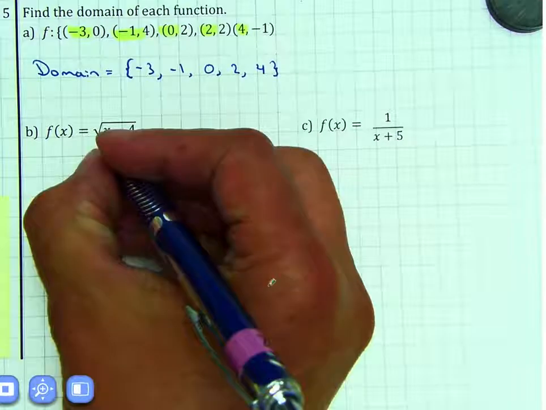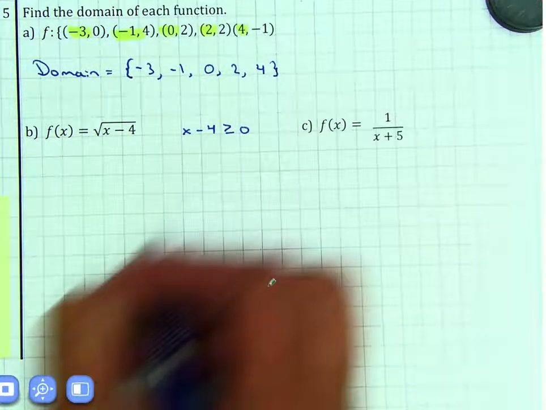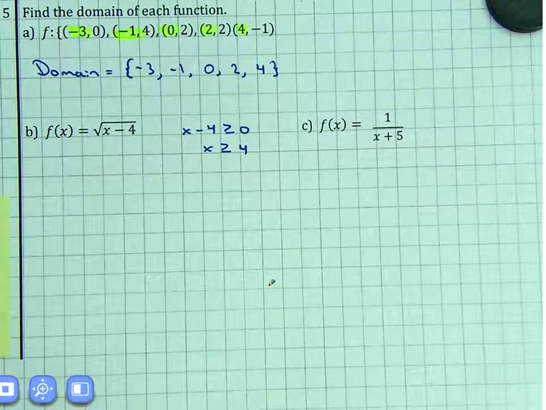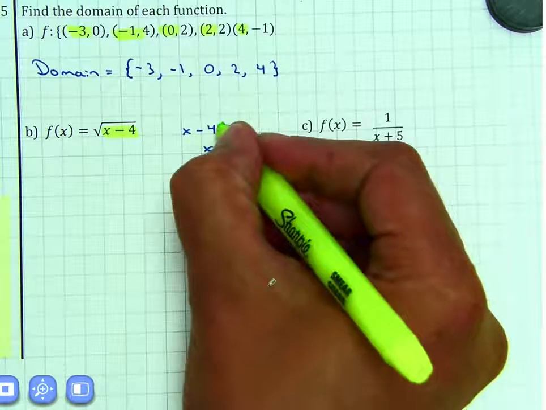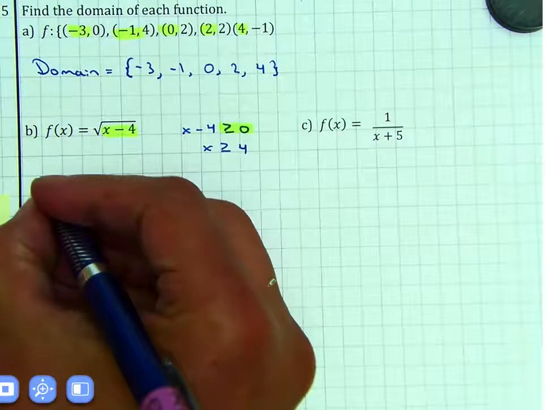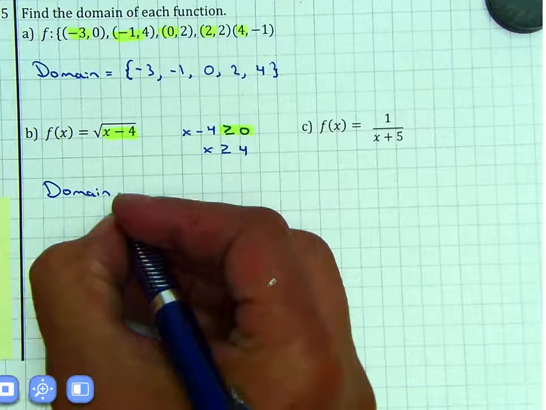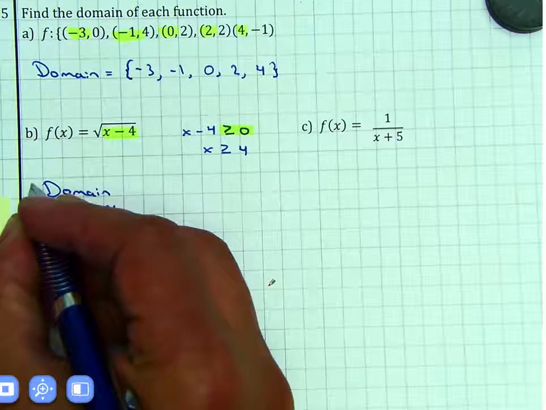So you can think that x minus 4 has to be greater than or equal to 0, so therefore x has to be greater than or equal to 4. You want to think about the inside number always having to be greater than or equal to 0. So your domain will be all the numbers that are greater than or equal to 4.